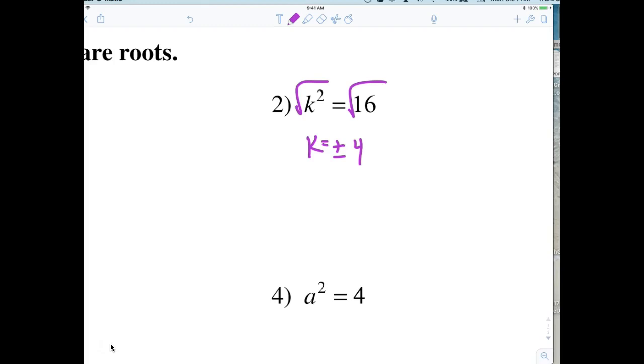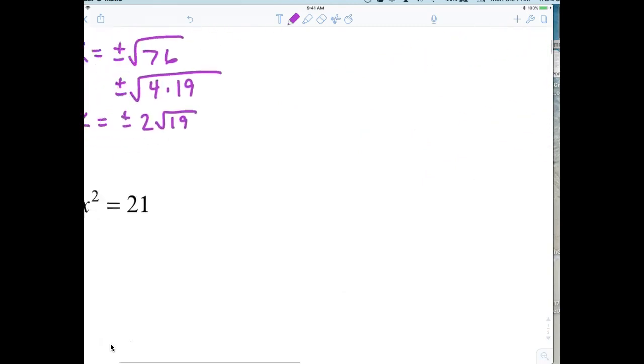Because when you're squaring it, 4 squared is 16, and also negative 4 squared is 16. Does that make sense? But if I said, what's the square root of 16, you wouldn't say negative 4. You would say the answer is 4. So we're good with that. So be careful, please.